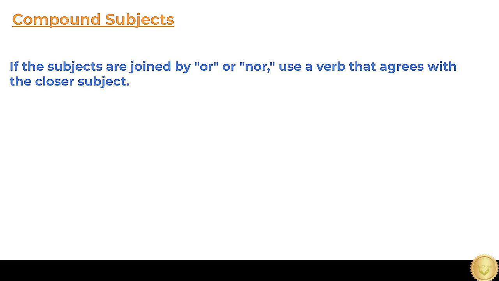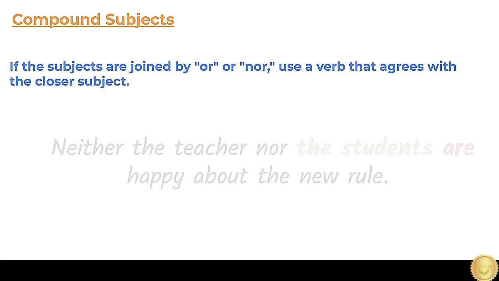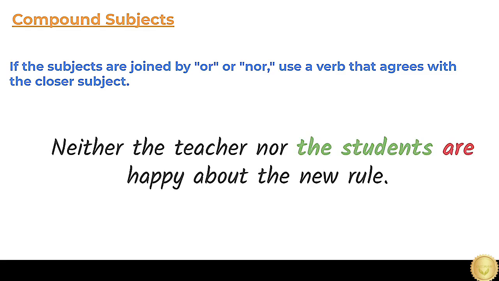On the other hand, if the subjects are joined by or or nor, use a verb that agrees with the closer subject. So let's see this in action. Neither the teacher, so that's a singular noun, nor the students, that's plural, so we use are, happy about the new rule. Okay, so we just match the verb to the closest subject there.